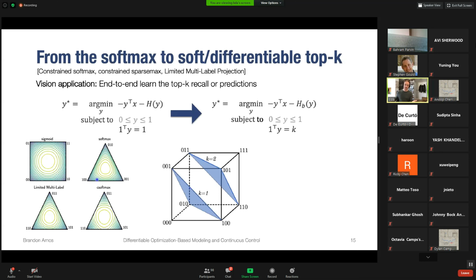And now as you extend to the top K setting, so for example, this is the top 2 setting. If you have 3 input items, it's every combination of 2 elements that you can have from your set of inputs. And you can start visualizing this in higher dimensions as well, like I have here on this hypercube. So if you have k equals 1, then you just get back the simplex.